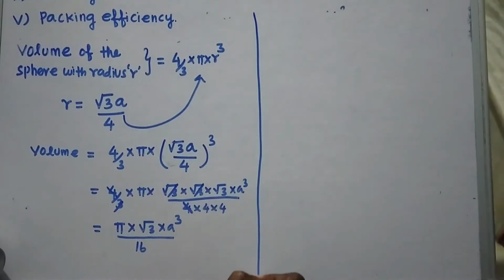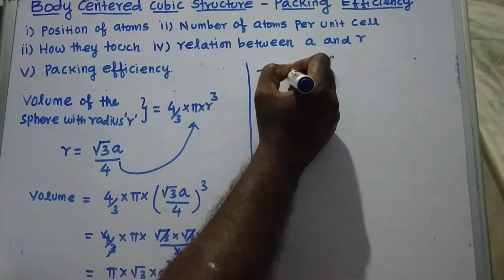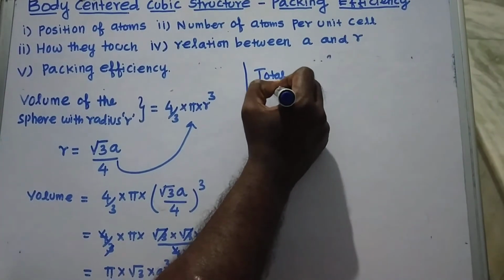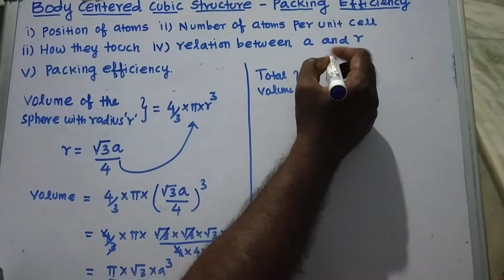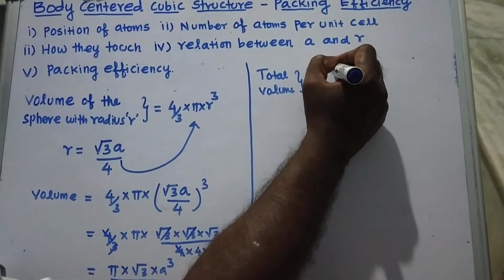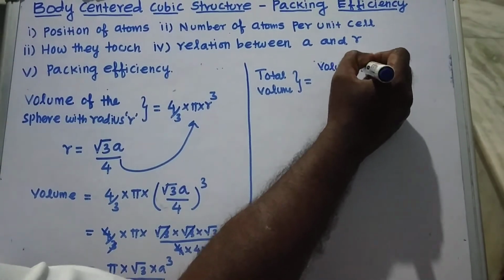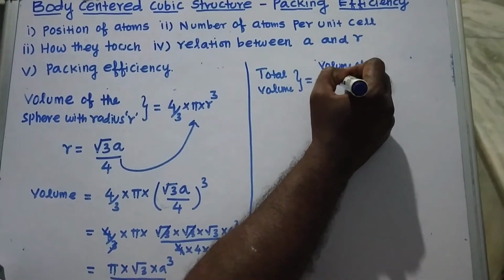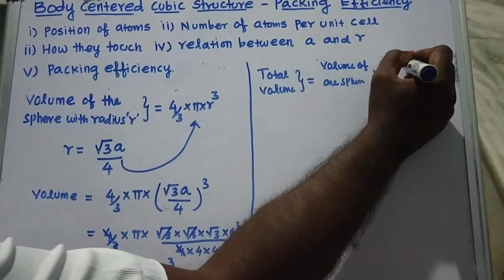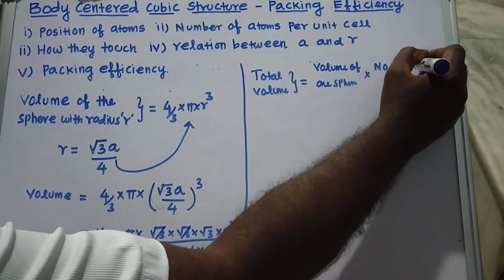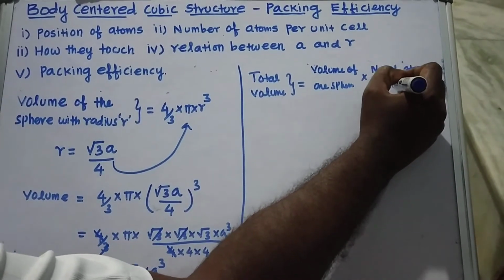Then we are going to find out the total volume. Total volume is equal to volume of one sphere into number of atoms per unit cell.